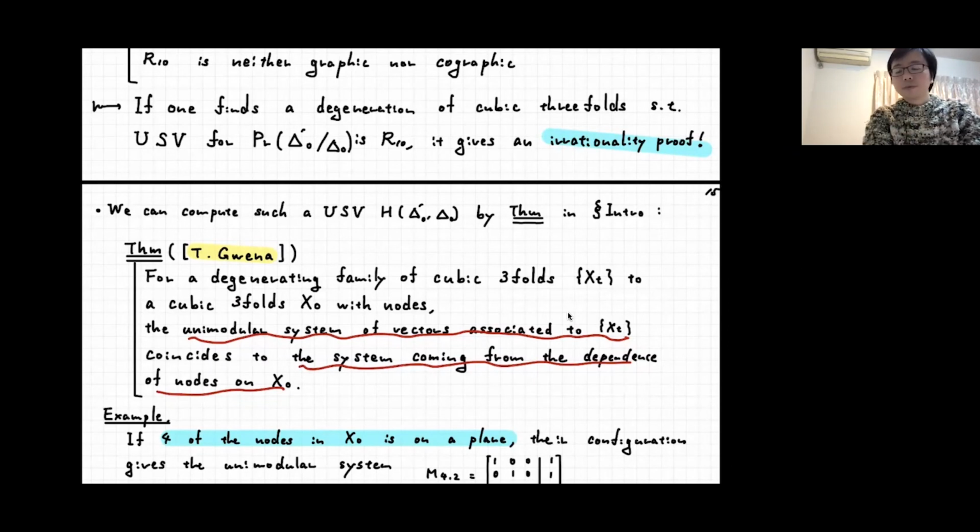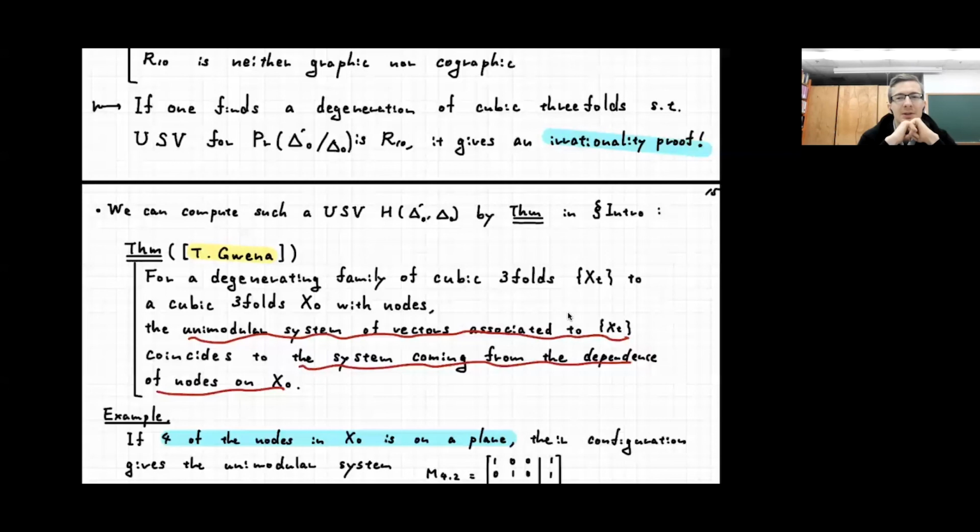I see. Can I ask? Can you always degenerate a family of cubic threefolds to a cubic threefold with only nodes? Or can you get some ugly singularities?